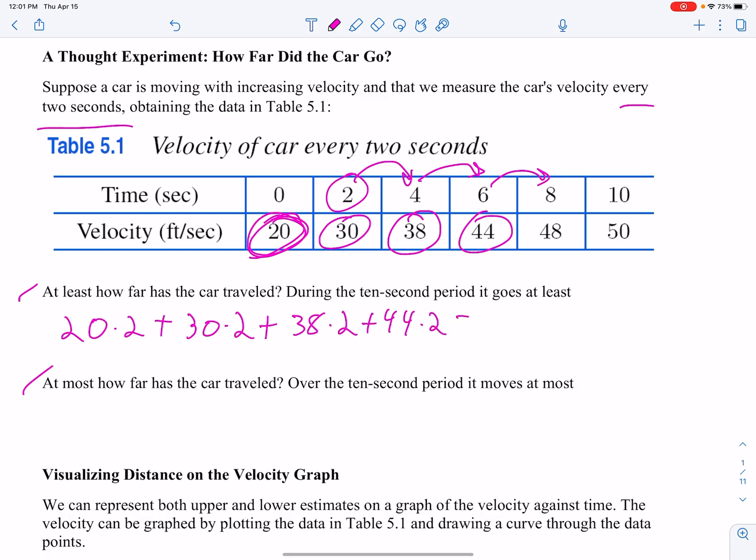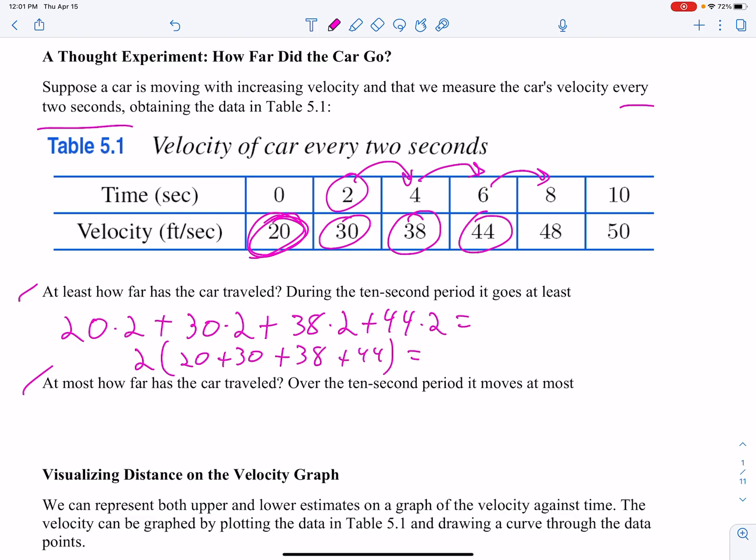There's a slightly easier way to do this. Since the time intervals are all equal, in other words, they're all 2-second intervals, thinking about your algebra, you factor a 2 out of each of these terms. So this is the same as 2 times (20 plus 30 plus 38 plus 44).